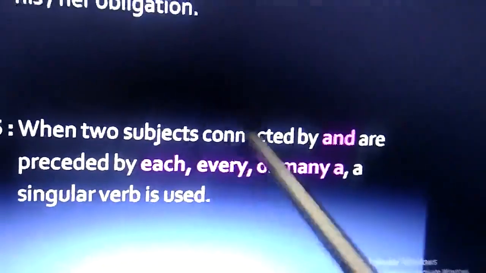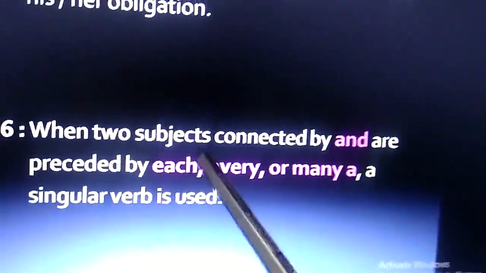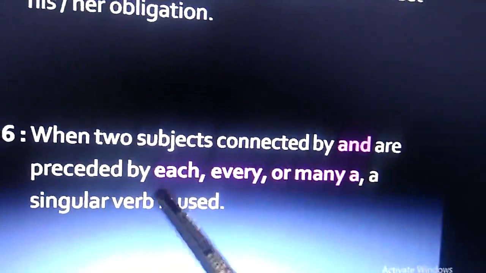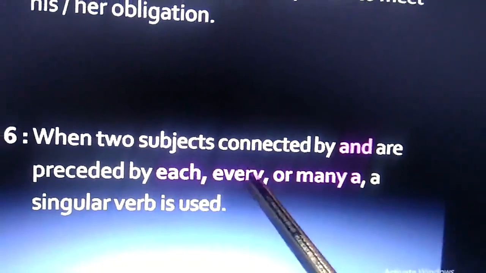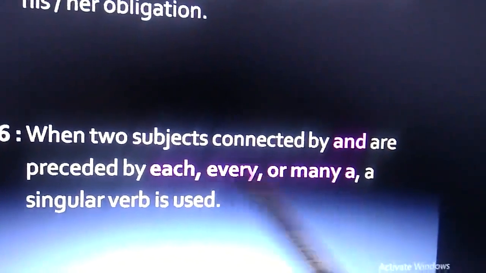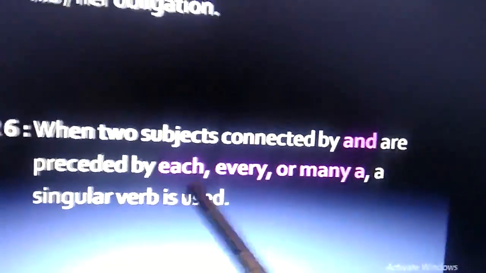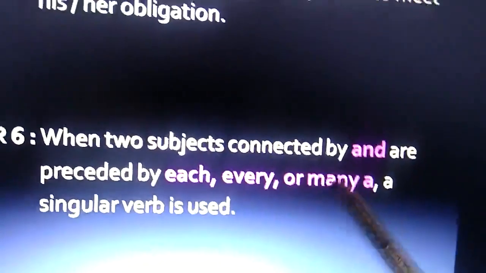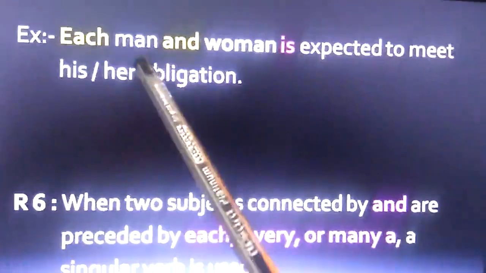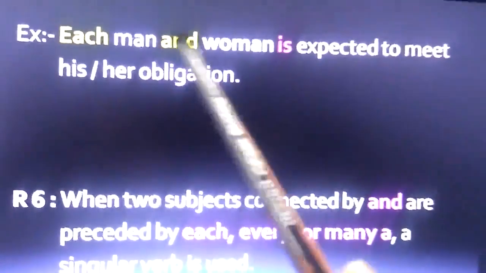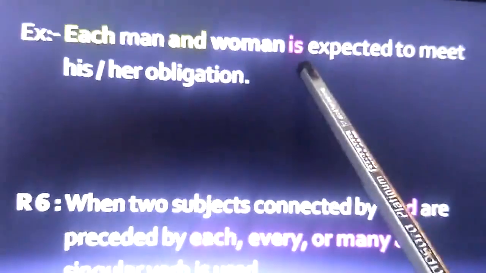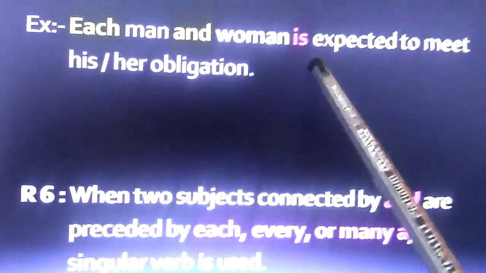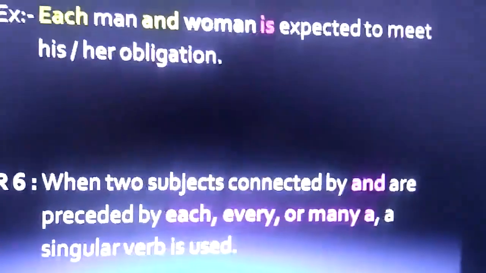When two singular subjects, singular nouns, are connected by and, or preceded by each, every, or many a, these are the three words I refer to, then the verb which we have to use is singular. So this is one more rule which you have to remember.